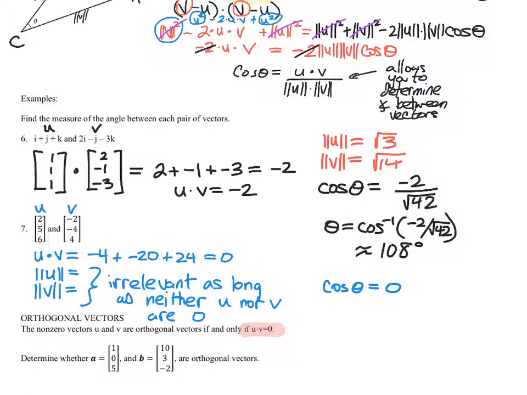And the reality is, what kind of angle are we talking about if there is a 0 vector? Because I could just draw a quick sketch. Here's 3 dimensions. Let's say I have a vector going off in this direction. I'll call this u. And then I have vector v as the 0 vector. So that would be v there. What angle would exist?